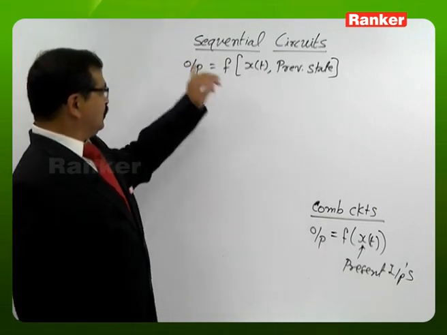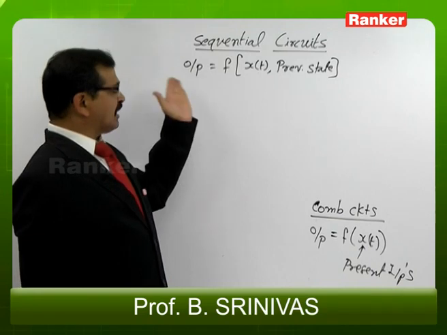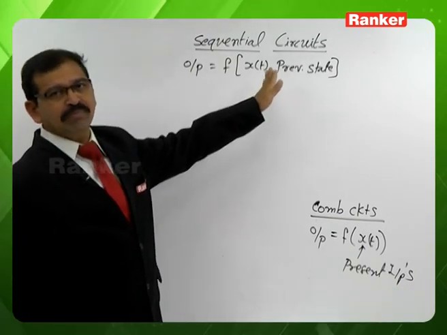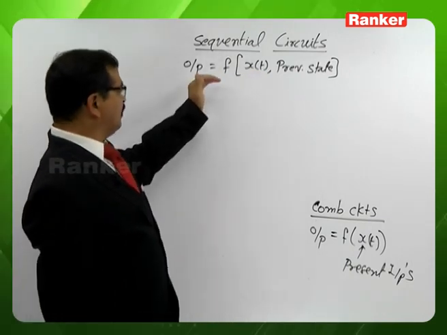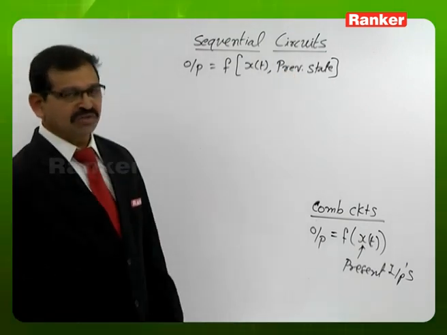So to respond based on the previous state, the circuit is required to remember the previous state information. If the circuit is able to remember the previous state information, then only it is possible for the circuit to respond a part to the present inputs even based on the previous state of the circuit.